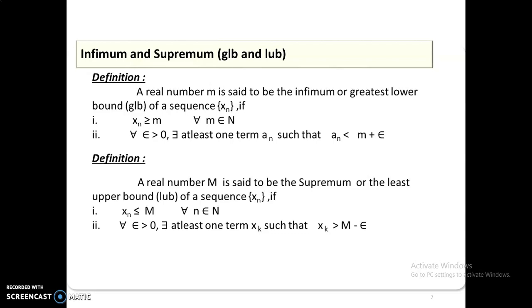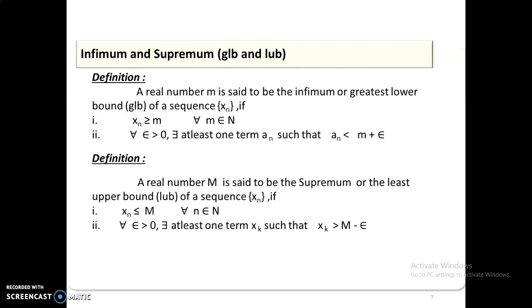That means an is smaller than the real number m plus any small increment epsilon.